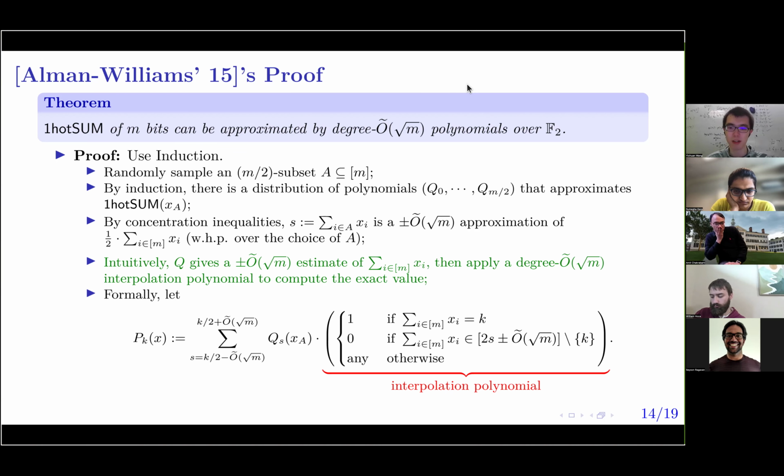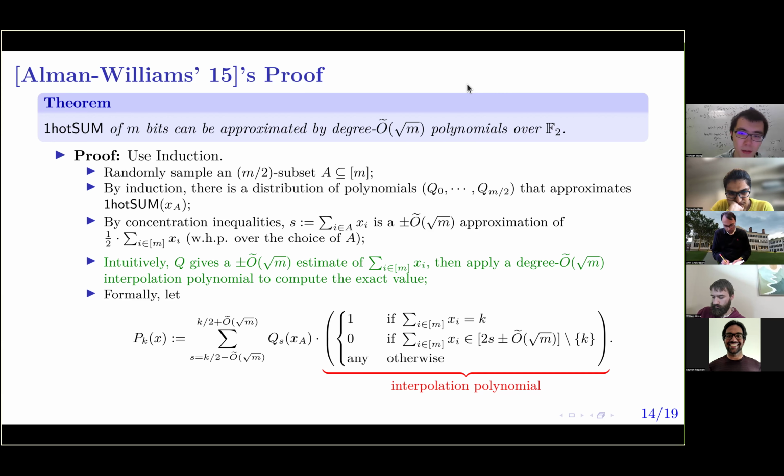Let's say we construct an interpolation polynomial here. If the total sum is exactly that value, then it outputs 1. If it's other values in this square root m length interval, it outputs 0. And if it falls outside of this square root m length interval, it can be anything. But this only happens with very small probability, and let's just treat this part as the error.